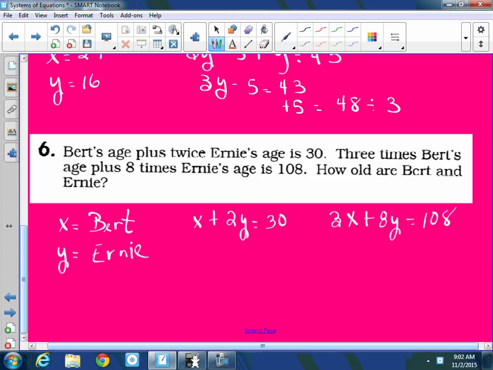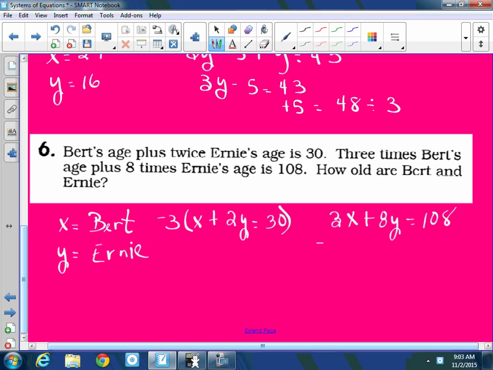You can multiply by -4, but that's a bigger number. That's not wrong. It's just a bigger number. I would multiply by -3. I try to go with the smallest numbers that I could find because it's a lot easier to work with smaller numbers than it is to work with bigger numbers. Smarter, not harder, remember? I would multiply this by -3.